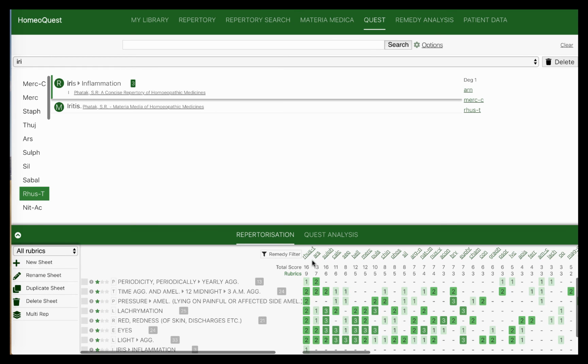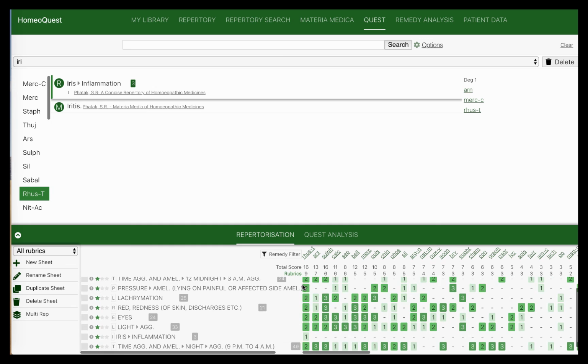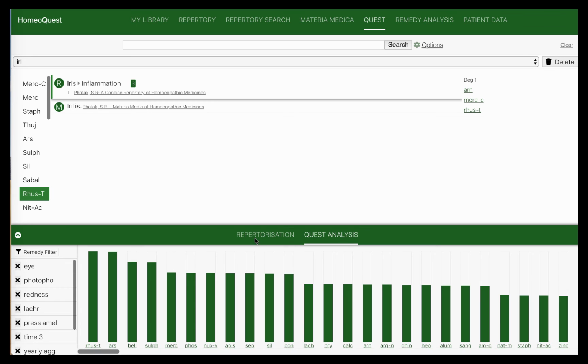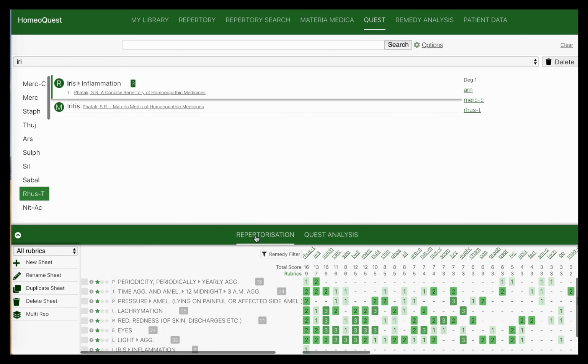So Rhus tox and Arsenicum still come up at the top. You've more remedies coming up here, and even in quest analysis, Rhus tox and Arsenicum are at the top. So in this specific repertorization, it hasn't made a difference. In some repertories, possibly because you've just used Farokh here, and that helped.